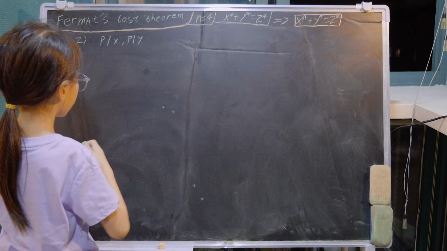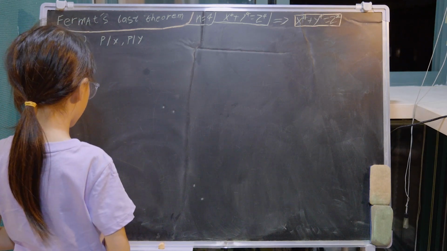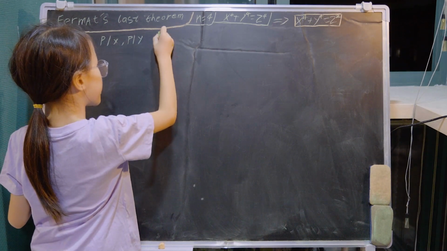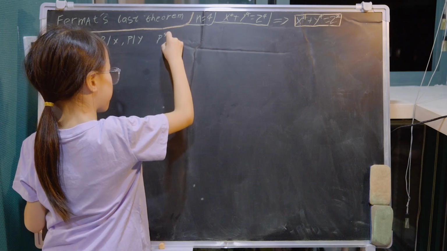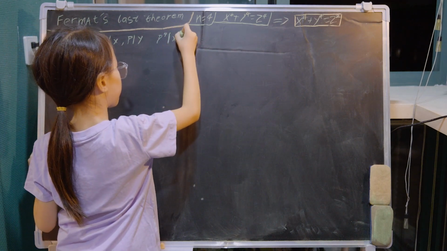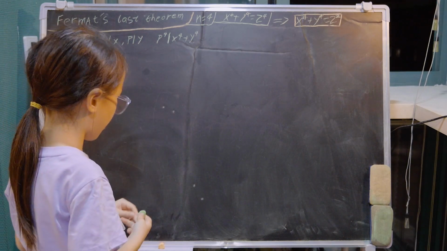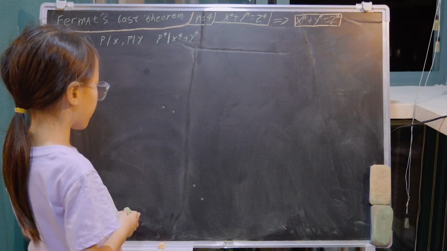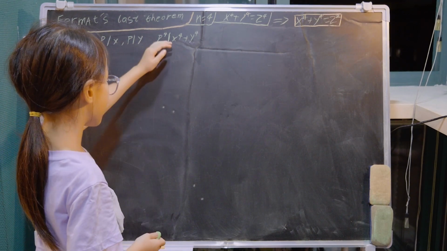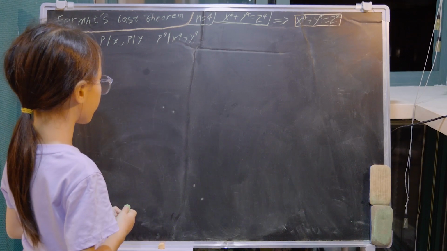That tells us p to the 4 is a divisor of x to the 4 plus y to the 4, because p to the 4 is a divisor of x to the 4, and p to the 4 is a divisor of y to the 4.